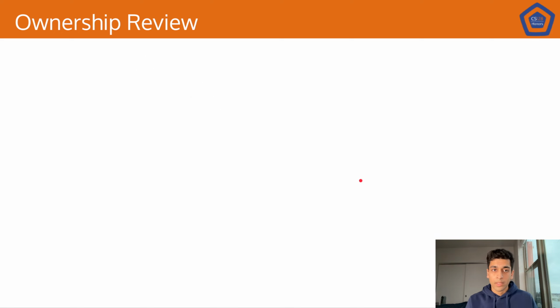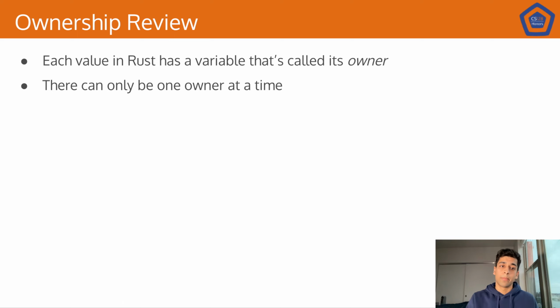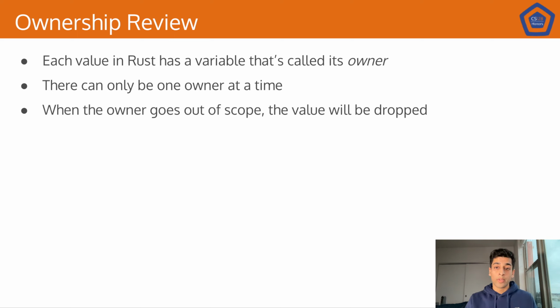Okay, so let's get into some ownership. If you recall from the last lecture, we have these 3 rules of ownership. Each value in Rust has a variable, and that variable is called its owner. There can be only one owner of some piece of data at a time. And when the owner goes out of scope, the value will be dropped. I should say, this is the one thing that I ask you to memorize.